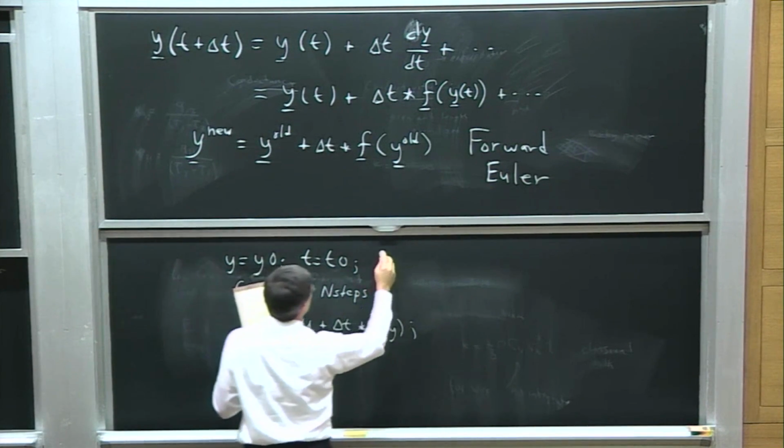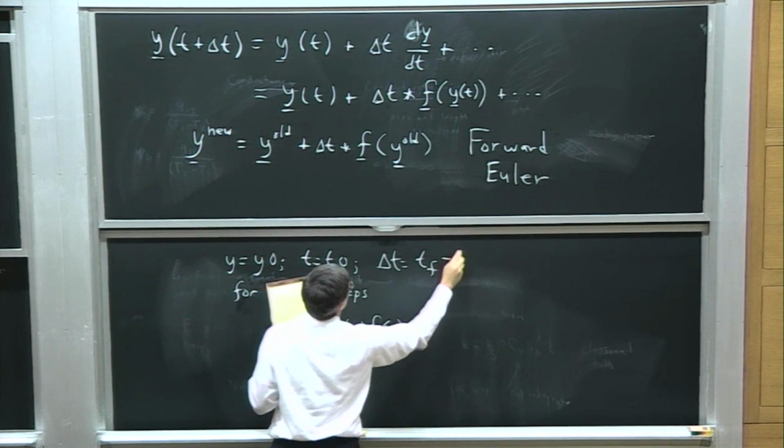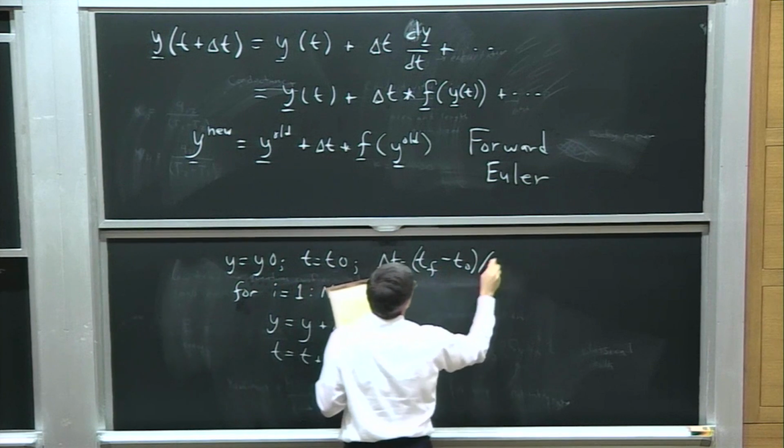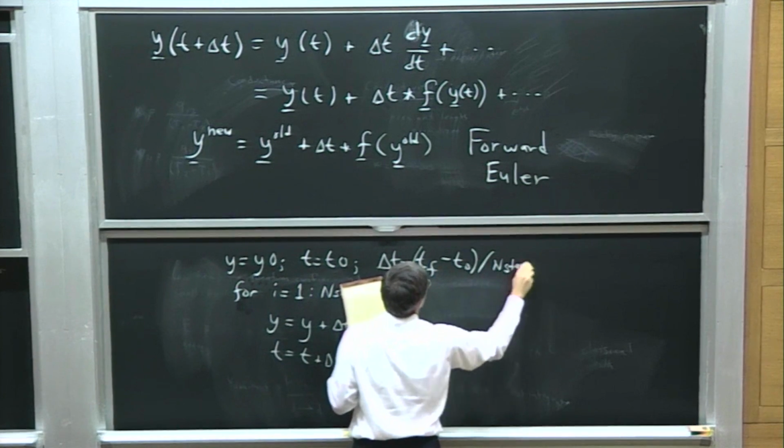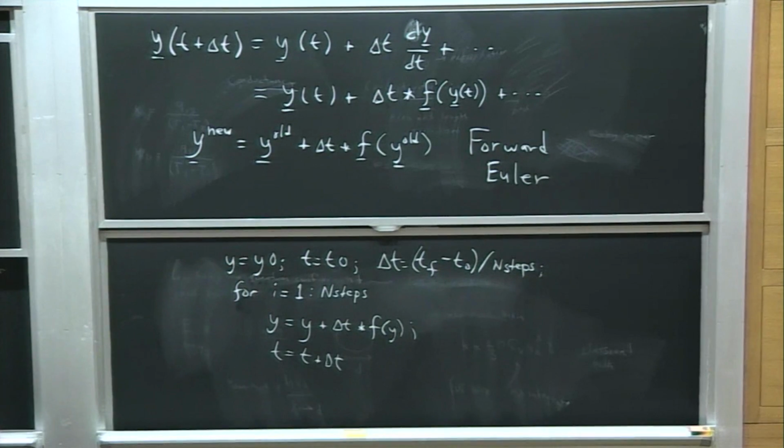Somewhere up here I need to write delta t. Okay, so there's your code for doing forward Euler.